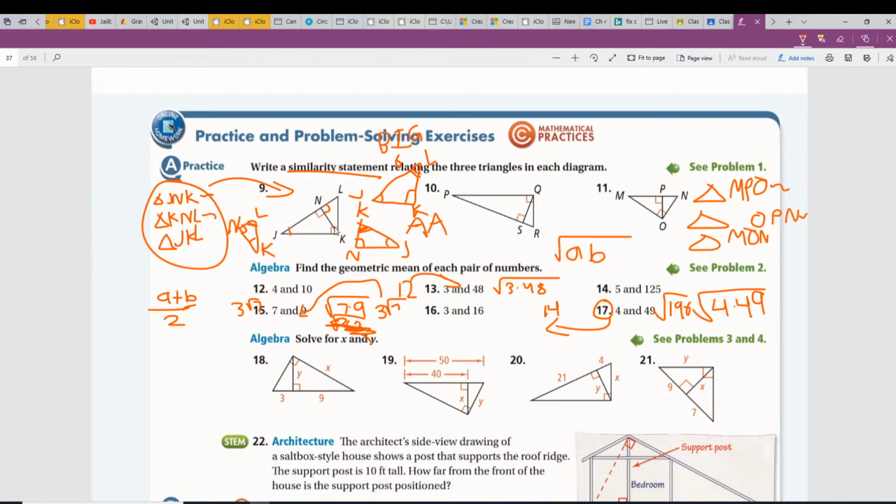So we can use that knowledge to show that all the triangles here are similar. We can use the corresponding side lengths, and since the corresponding side lengths are proportional, we can actually solve for x. So let's get started.